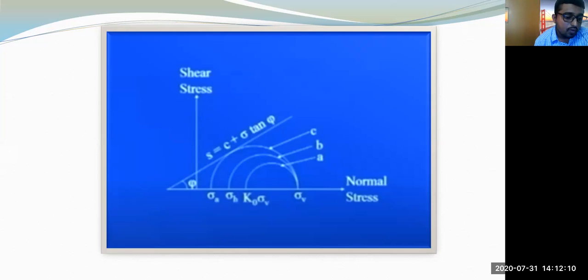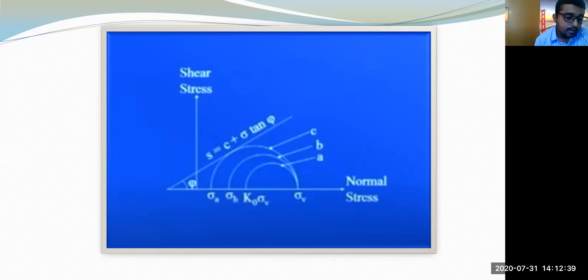Now, when the lateral earth pressure is exerted on the wall by the backfill, the wall will slowly start tilting away from the soil. At any particular tilt delta x, this is the second Mohr circle, where the wall has started moving away from the soil.